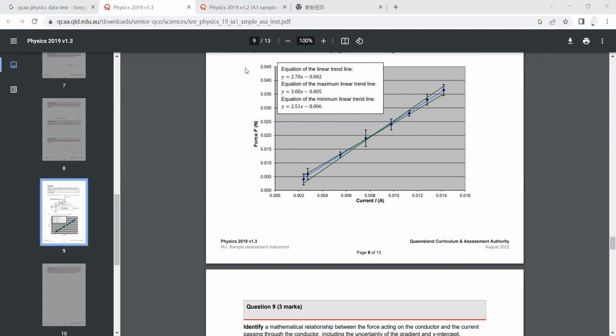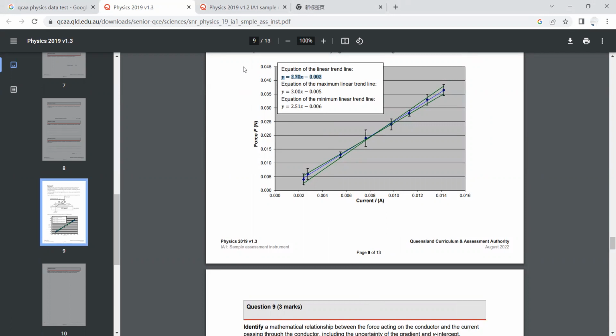So F equals m times I, like y equals m times x, y equals m times I minus something. We need to give the uncertainty for gradients and y-intercepts.